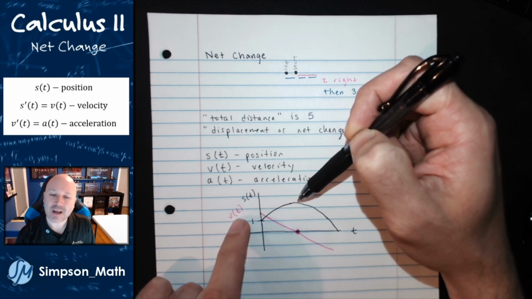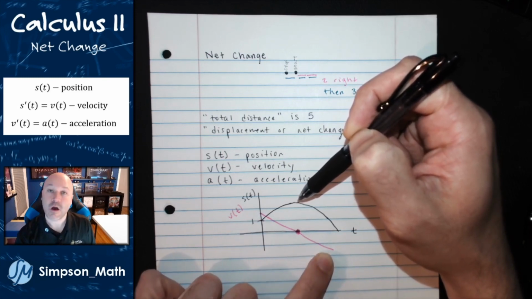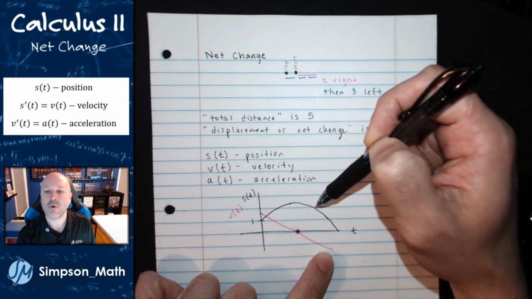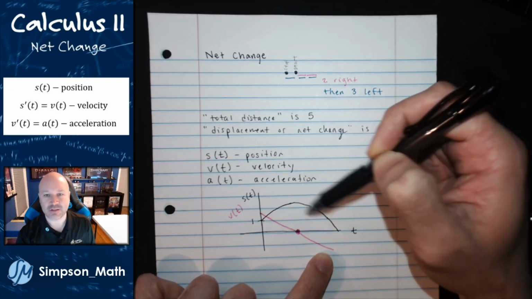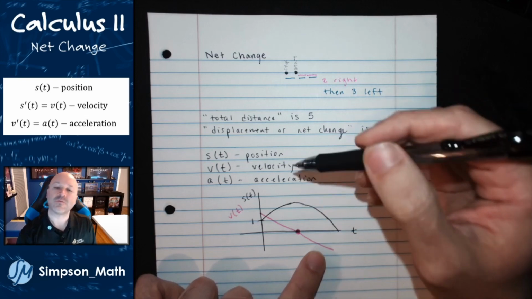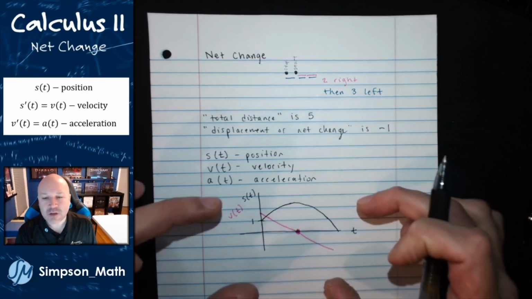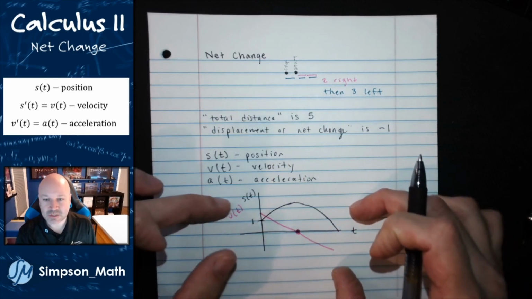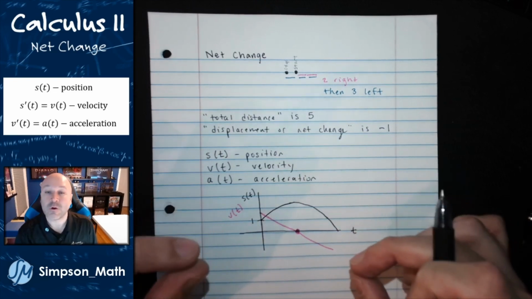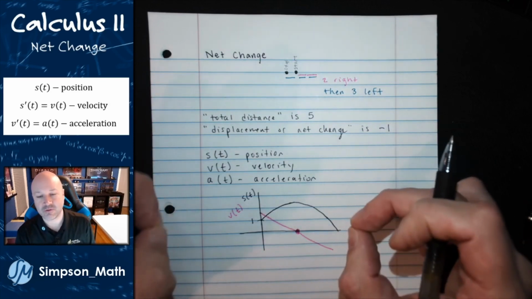But when the velocity function is negative, then my object has started to go in a negative direction. It's now starting to fall back toward the Earth. So we're going to be talking about a velocity function. We're going to integrate it, or at least we're going to start talking about the graph of the integral.